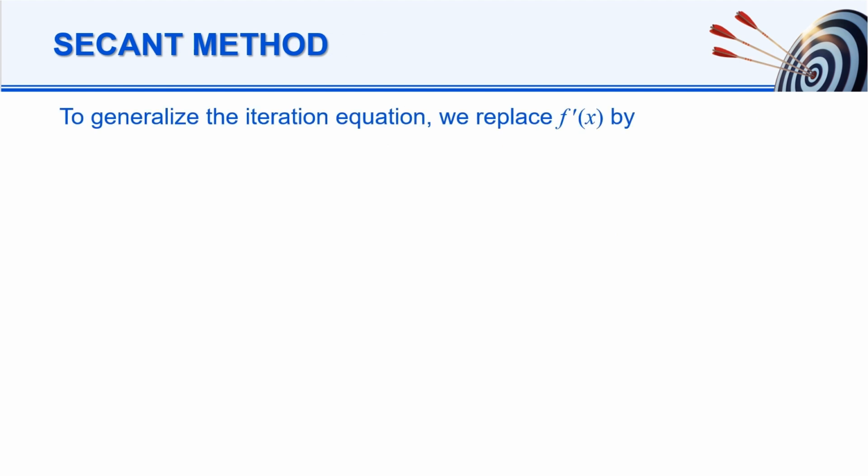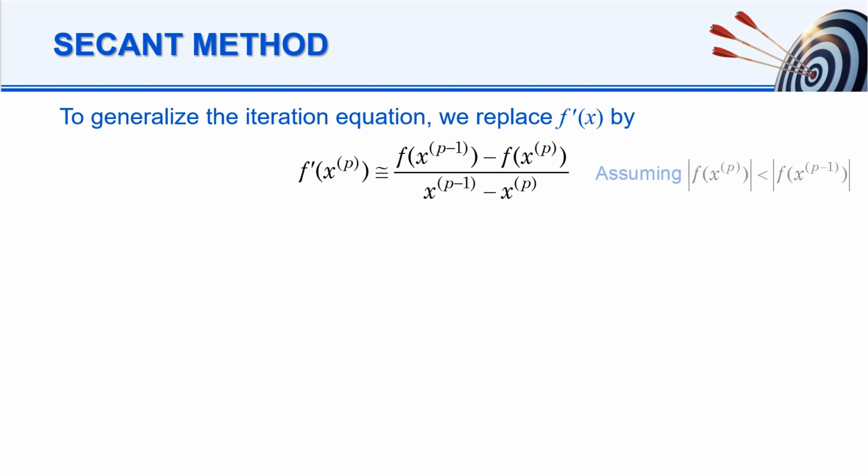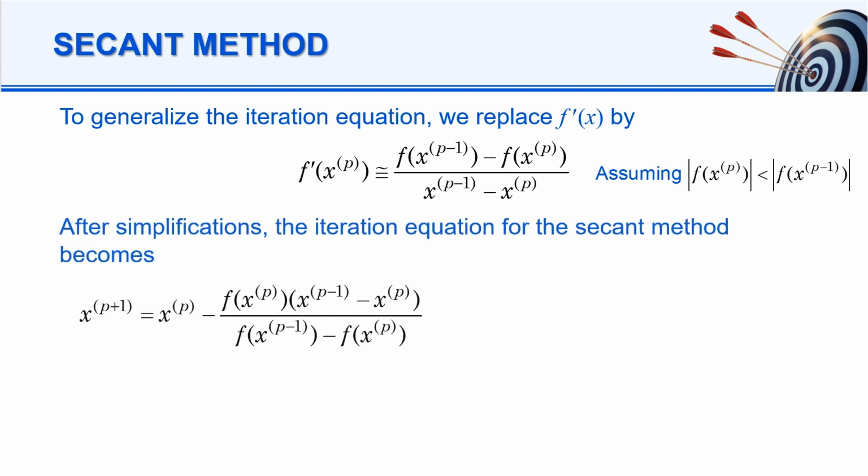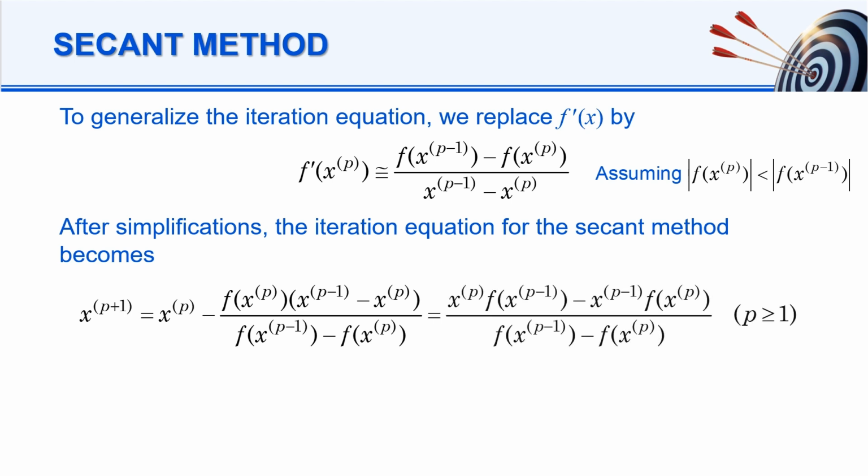To generalize the iteration equation, we replace f'(x) with the following approximation. Here, we assume that the magnitude of fxp is the smallest of the last two estimates. After simplifications, the iteration equation for the secant method becomes the following, or we may rearrange it as follows.